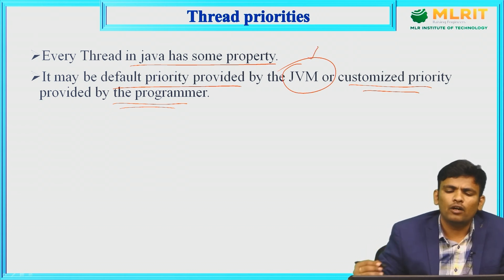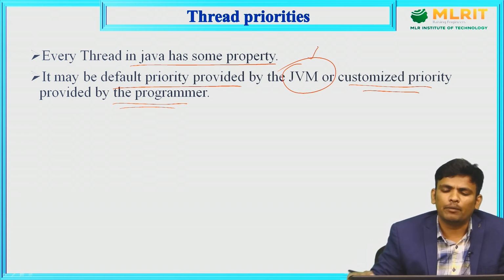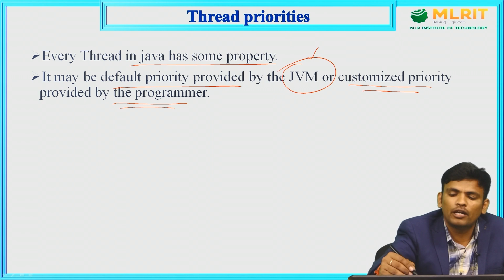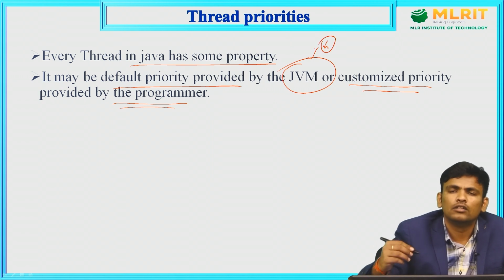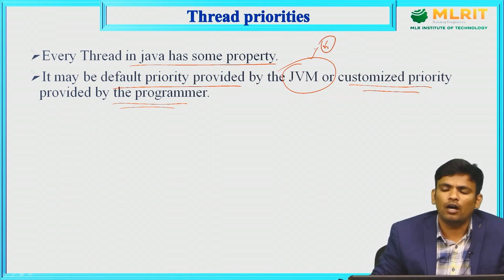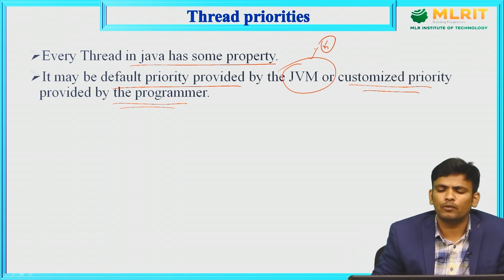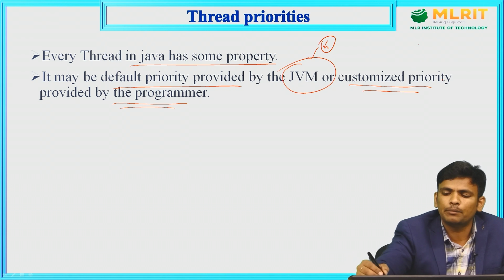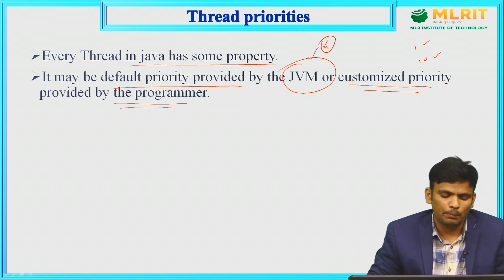The default priority provided by the JVM is 5. If you are not satisfied with that priority, you can also customize your own priority. The priorities range from 1 to 10, so any number from 1 to 10 you can assign, depending on your requirement.